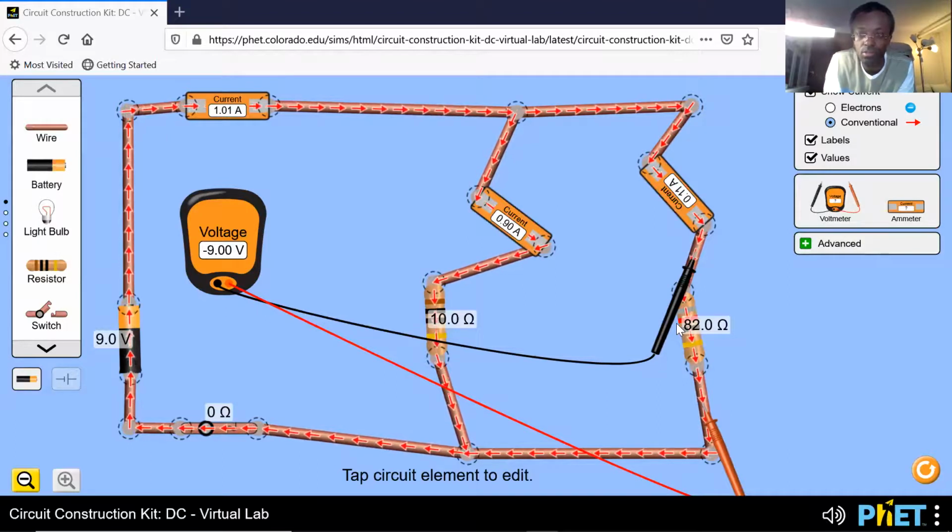Does that answer your question, Diana? No, I understand now that we should probably use the formula to find the current, but I was just asking because you have 3 different current readings, so I didn't know which one corresponded to which. Oh yeah, you don't need them.